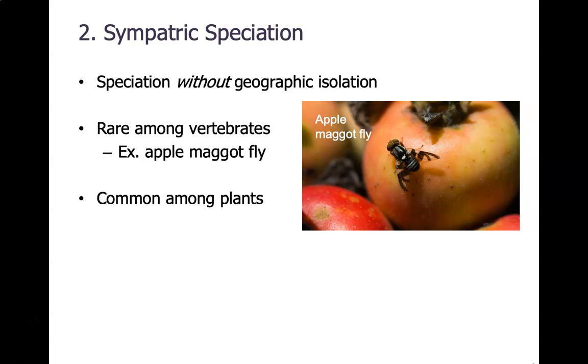There's one really good example of this though, and this is the apple maggot fly. This is a little fly that hangs out on apples. It eats apples and hawthorns for food, and it also uses them for mating. So this is a behavioral and habitat situation, but we ended up with a closely related blueberry maggot.